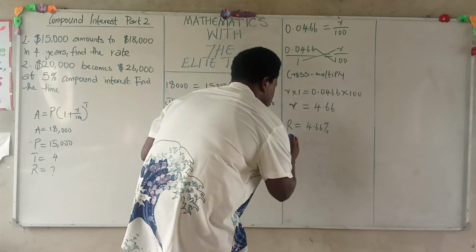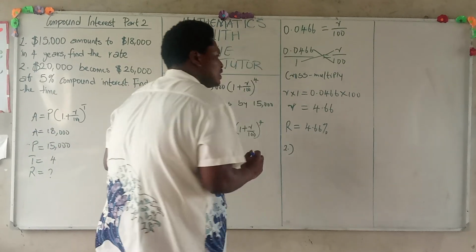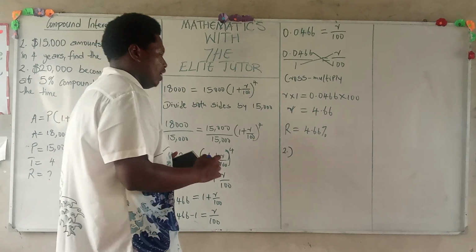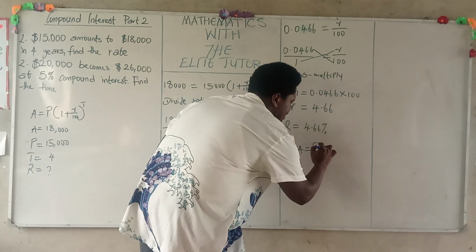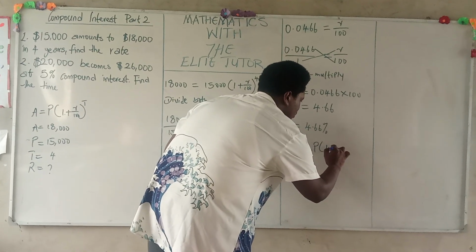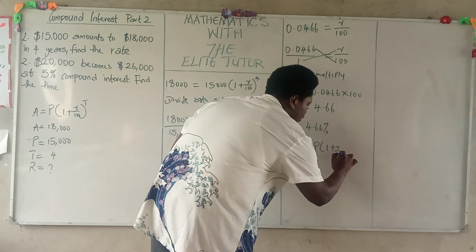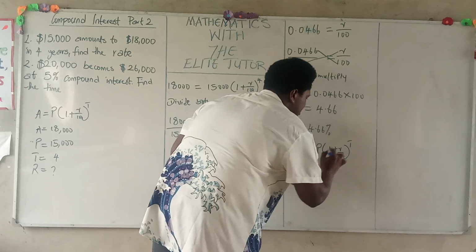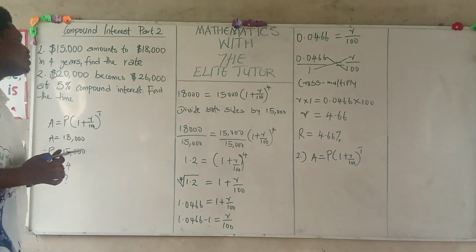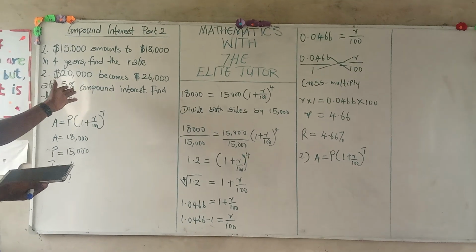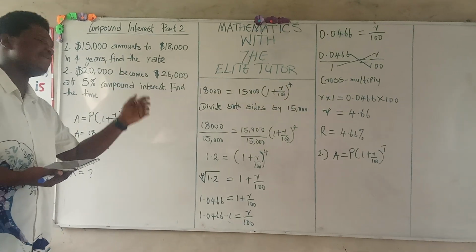Now we have question 2. First of all, let's write our formula out. We have that A is equal to P into bracket 1 plus I over 100 raised to power T. Now let's bring out our parameters based on the question. The question says $20,000 becomes $26,000 at 5%.